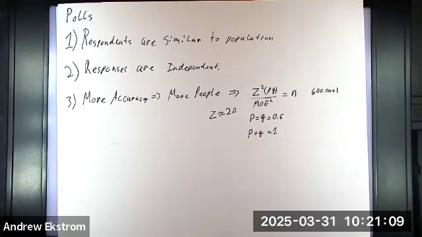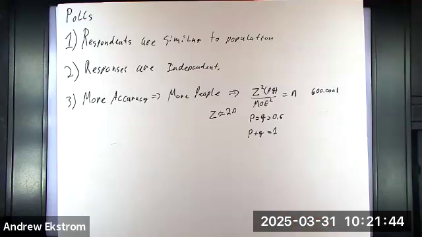What's 1.96 out to 10 decimals? Go. Anyone? Exactly. What's 2 squared? What's 2 squared out to 10 decimals? Still 4, right? The nice thing about this, 0.5 times 0.5 is 0.25. 0.25 times 4 is 1.